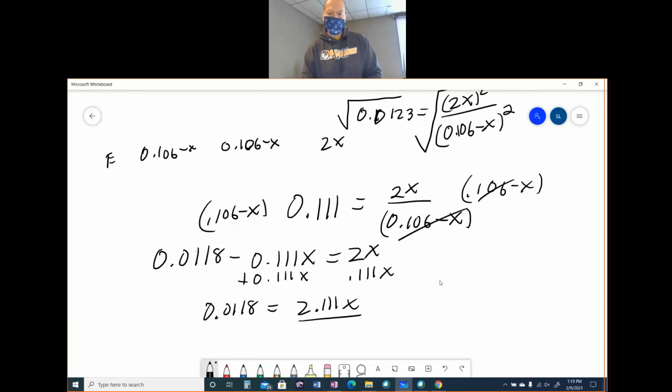Then divide both sides by 2.111. And then I have my x value, and everything here had 3 sig figs. And so I'm giving my x value to 3 sig figs, 0.00557.